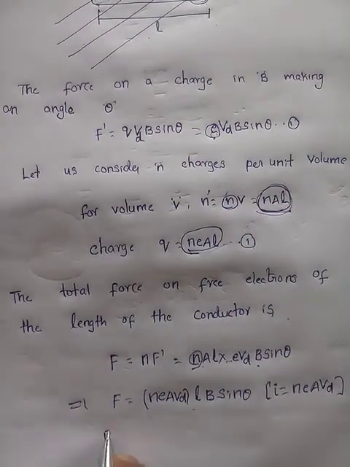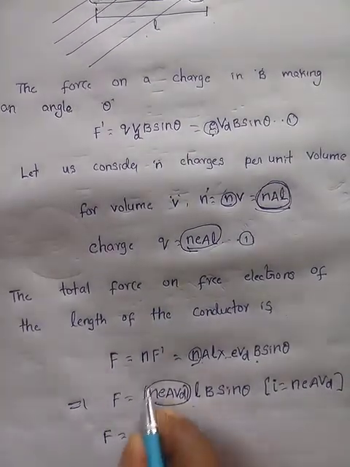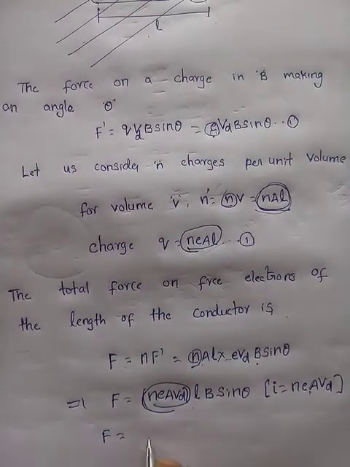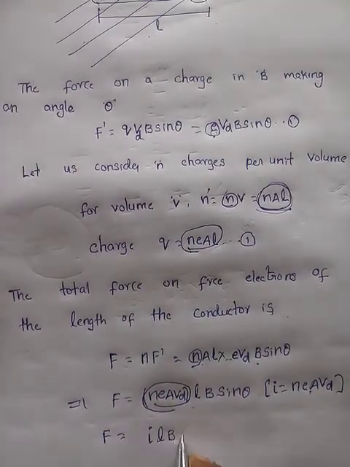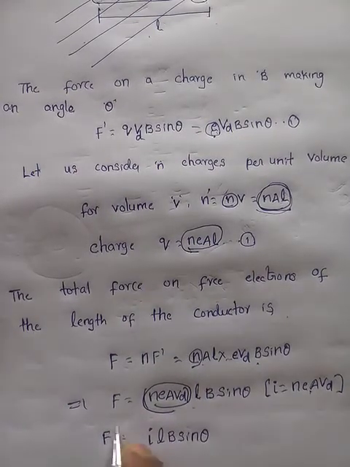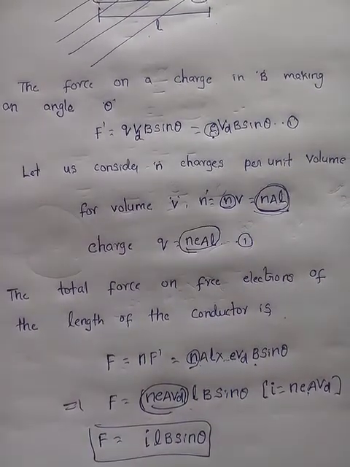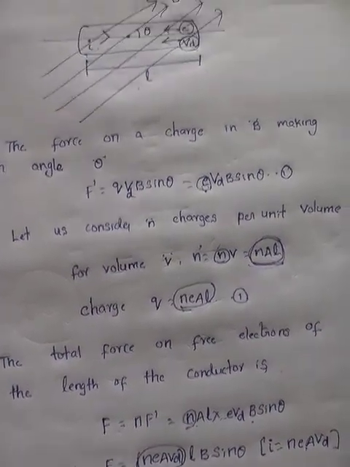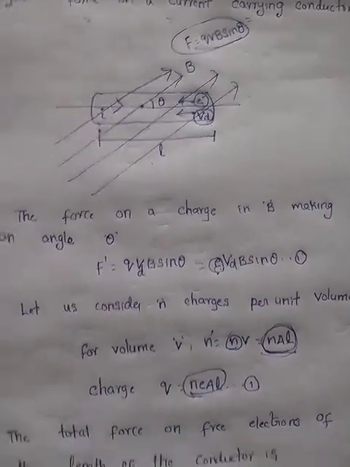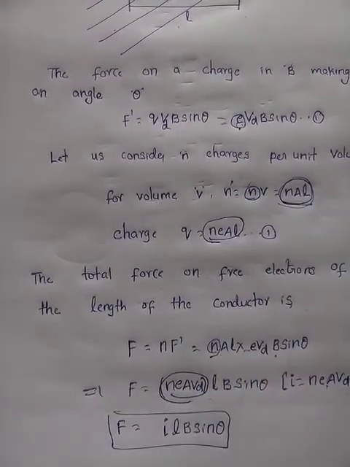So F is equal to, instead of n e A Vd, what we can write? I L B sin theta. So the force acting on a current carrying conductor is how much? F is equal to I L B sin theta.